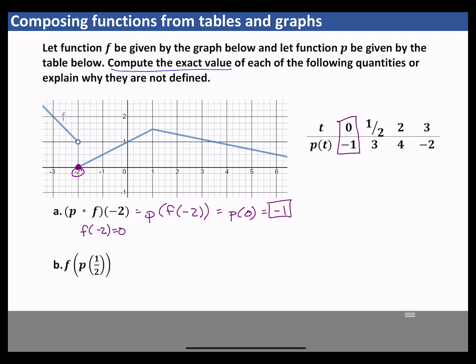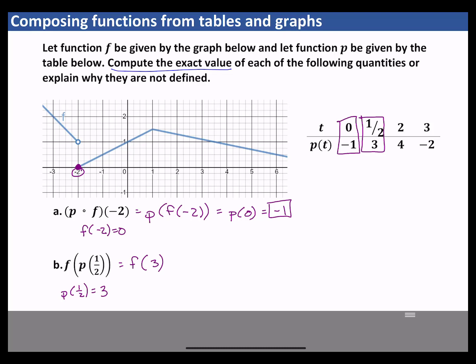All right, the next one says f of p of 1/2. So we'll start by finding p of 1/2, and we see in the table for function p that when the input is 1/2, p of t equals 3. So if we substitute that into our composition, we're now looking for f of 3.